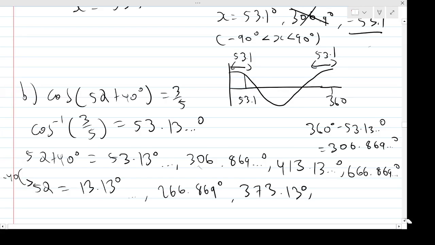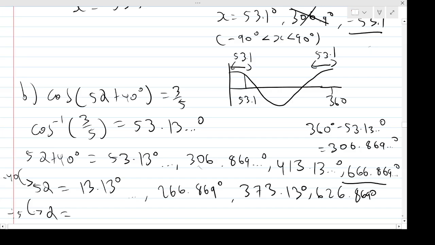Then if I subtract 40 to this last solution, 666.869, I then get 626.869, right? Now that's for 5 alpha. Then to get alpha, I then need to divide by 5. So I need to divide everything by 5.